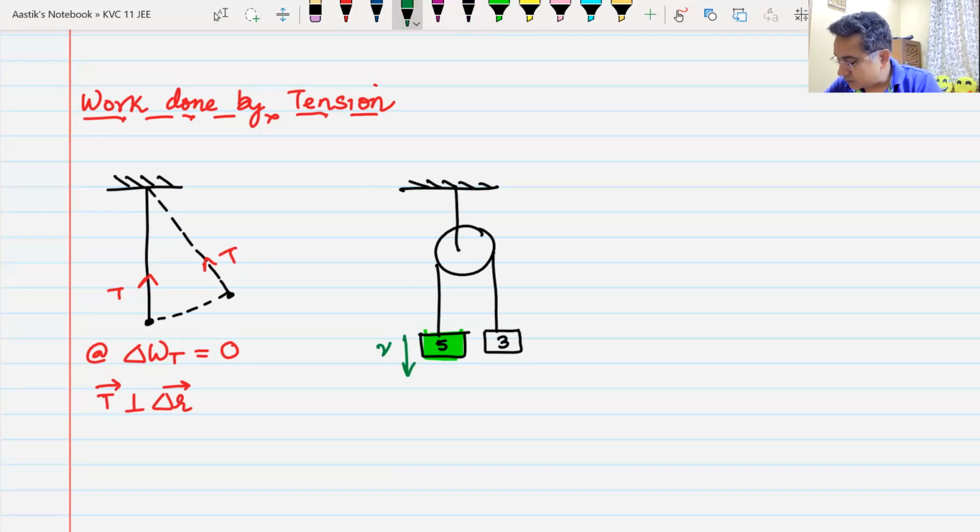If it moves downward with X, what will happen to the pink body, 3 kg? It will move upwards, sir. Chalo. If this body moves downwards with X, how much will this body move? X. Okay.